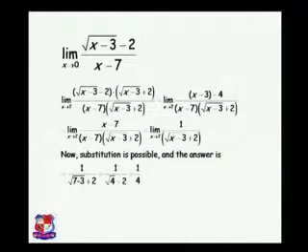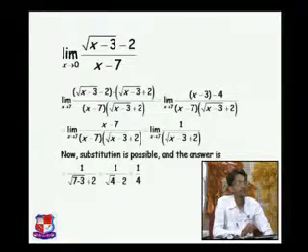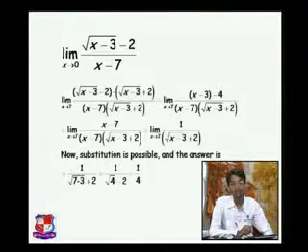The conjugate of root of x minus 3 minus 2 is root of x minus 3 plus 2. So we will multiply the numerator as well as the denominator by root of x minus 3 plus 2. So we will get (root of x minus 3 minus 2) into (root of x minus 3 plus 2). That is a minus b into a plus b format, so a minus b into a plus b is equal to a square minus b square.